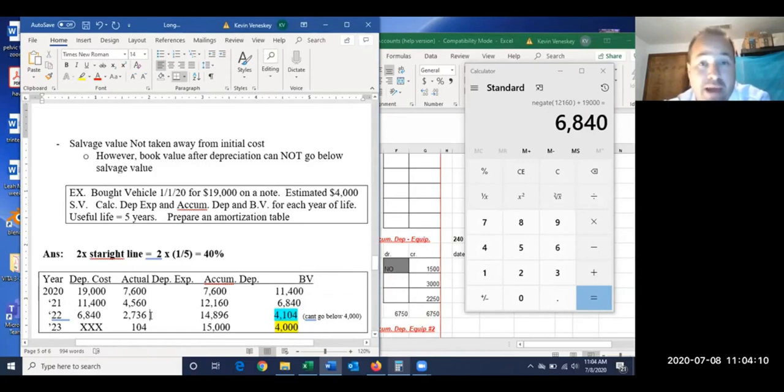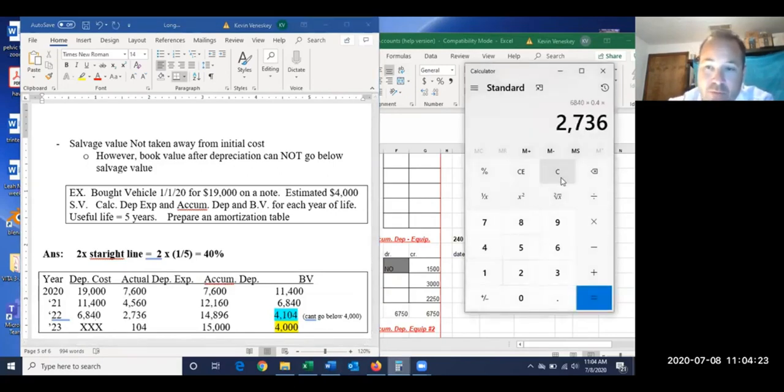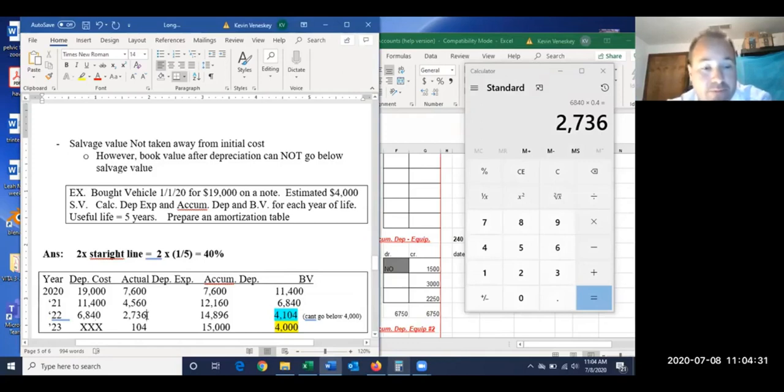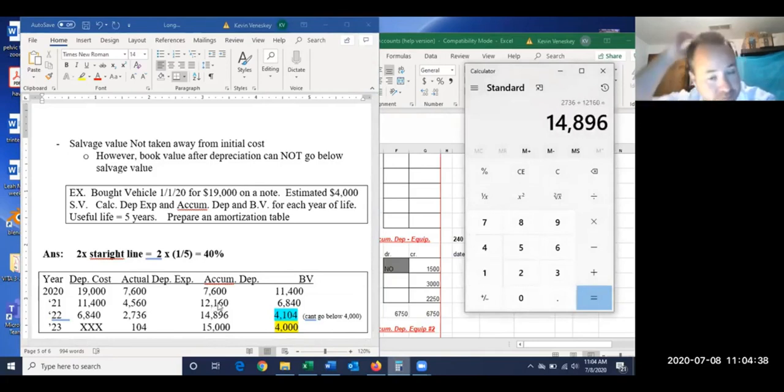So I can use the whole amount, because it's not going to take me below 4,000. So I took the 6840 times 40%, and it was just below my cap, the threshold, 2840. And since it was just below, I can use the whole amount. Add in the 2736 to my previous amount, 12,160, and that's my new accumulated.